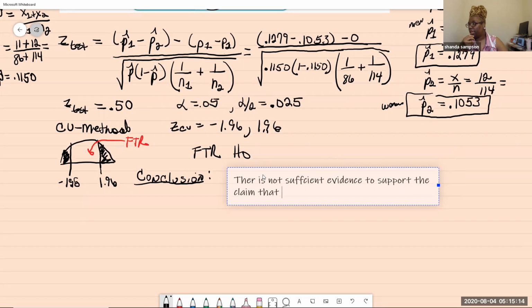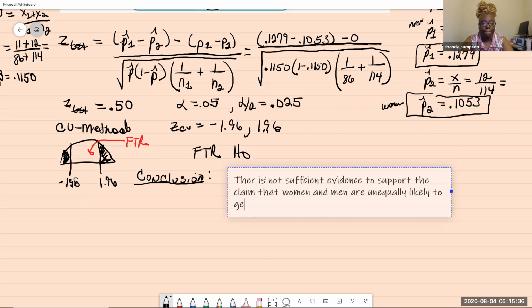So that women and men are unequally likely to get speeding tickets in the area where these participants were from. All right, because we didn't know the area.